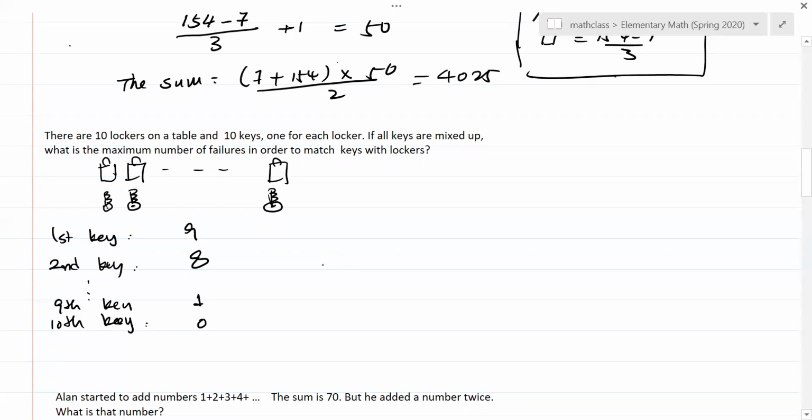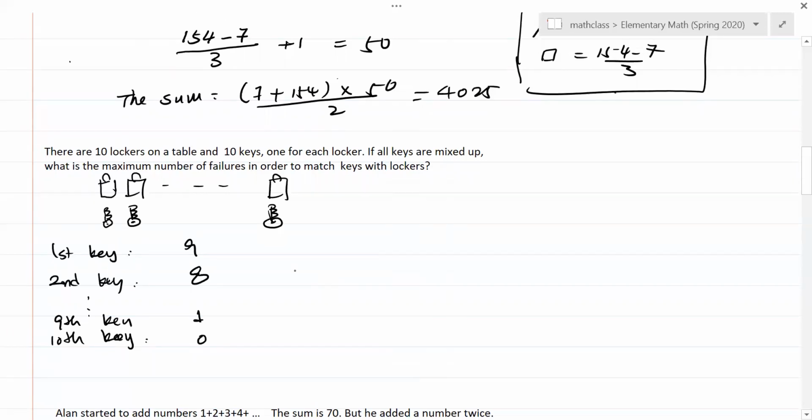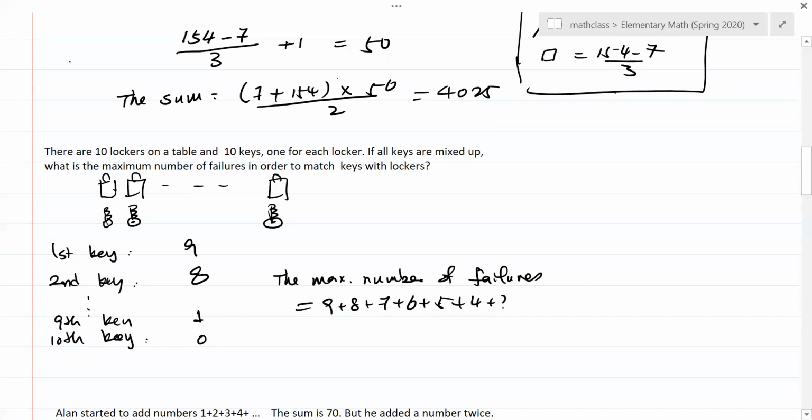So the total maximum number of failures is going to be 9 plus 8 plus 7 plus 6 plus 5 plus 4 plus 3 plus 2 plus 1. You just need to know how to add them together, right?